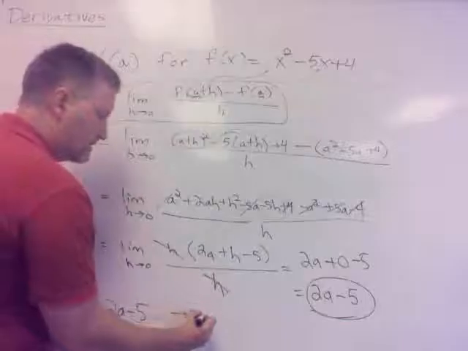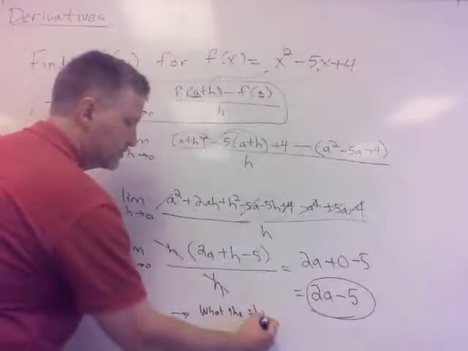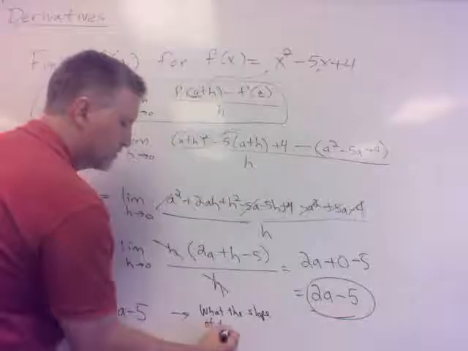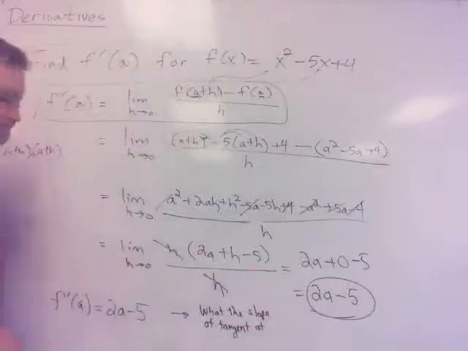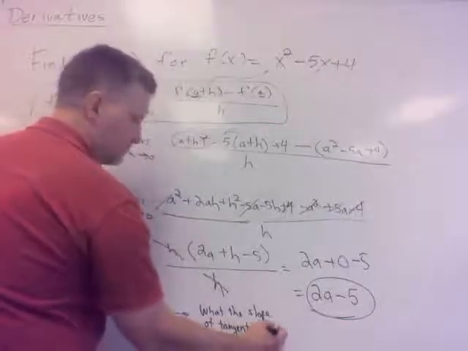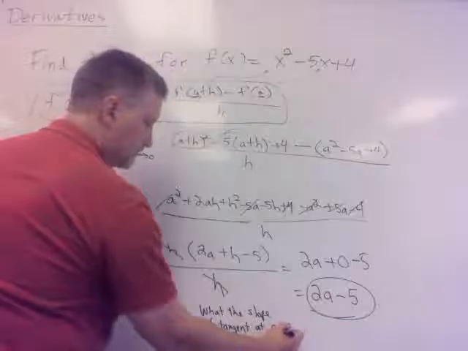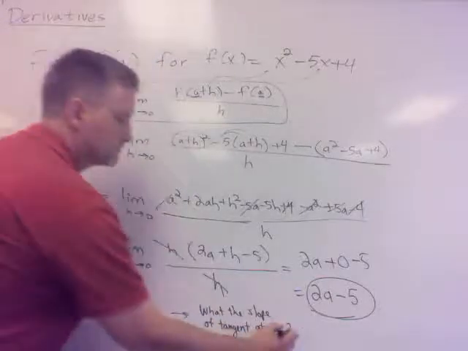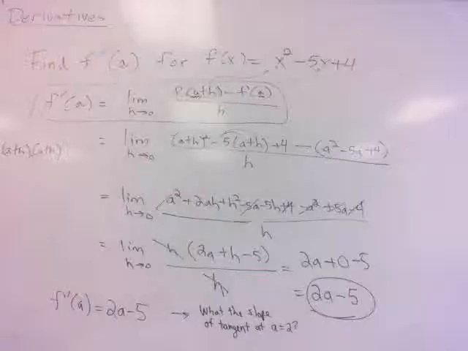All right, what is the slope of the tangent at A equals 2? What would that be? That'd be negative 1, wouldn't it? The slope of the tangent is negative 1.